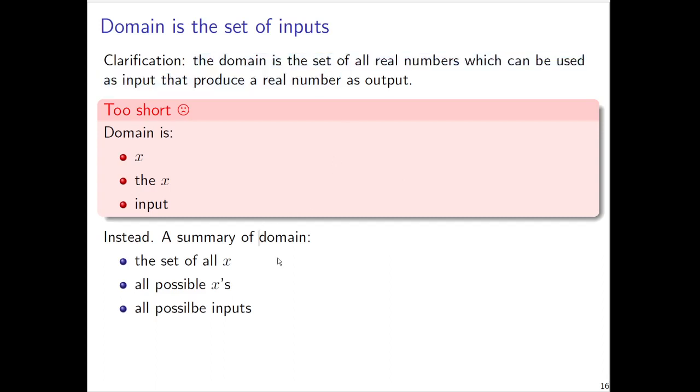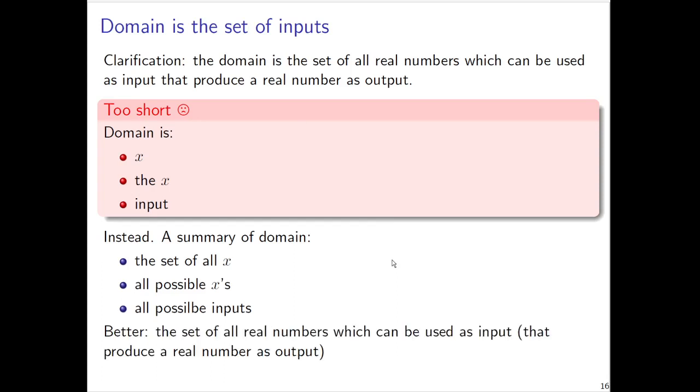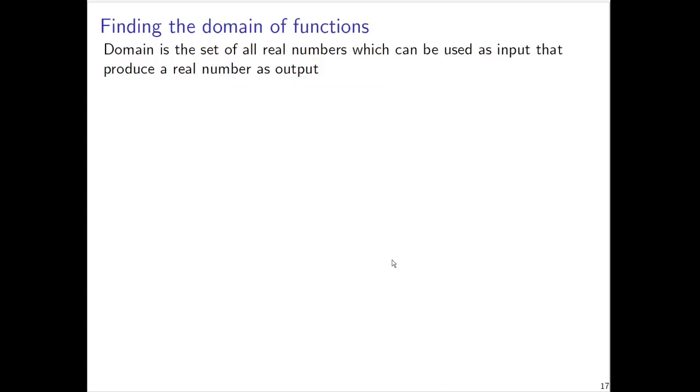But at a minimum, to think about what domain is, you need a phrase that goes something like this: the set of all x, all possible x's, all possible inputs. It's important to get at this idea of set, that there are many of them. Collectively, all the inputs together, that's the domain. So better is the set of all real numbers which can be used as input, something like that.